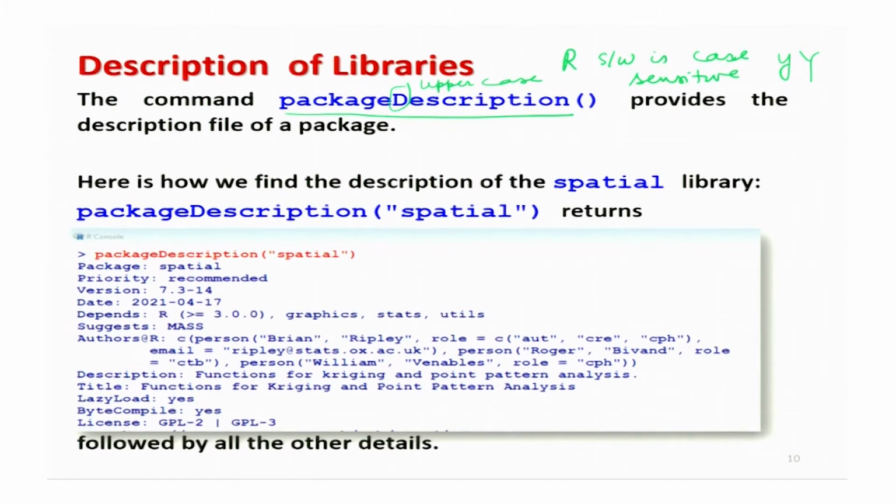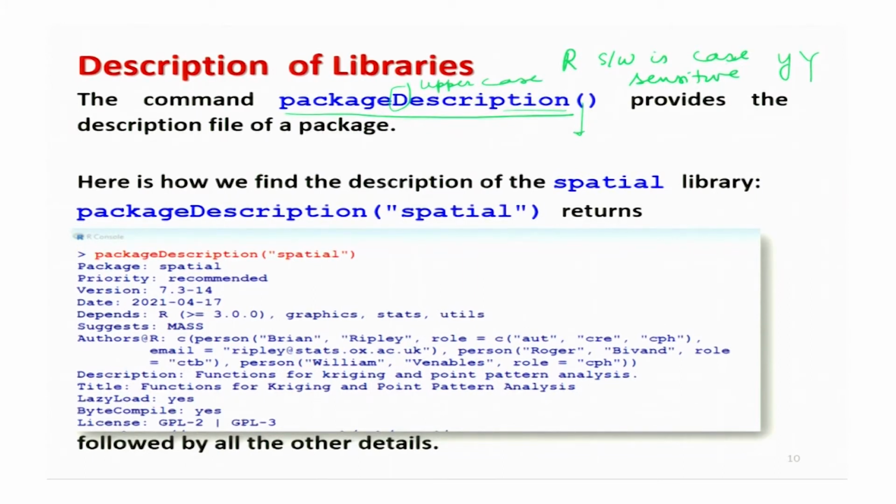Similarly, whenever you are trying to use any name of a package, you have to be very careful that whatever is given in lowercase and whatever is given in uppercase has to be used exactly in the same way, right. So, this name is packageDescription, PACKAGE, then capital DESCRIPTION, right.